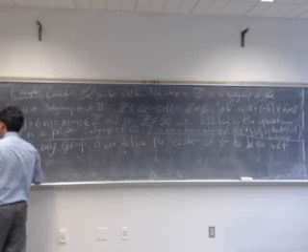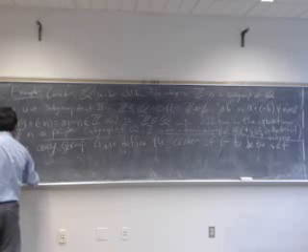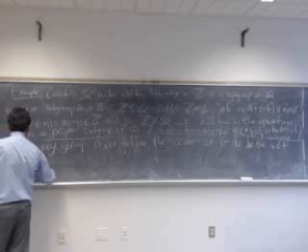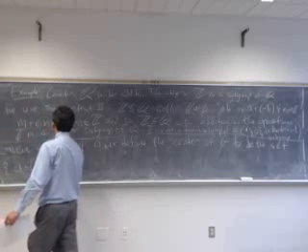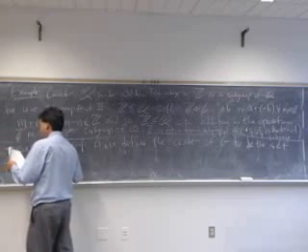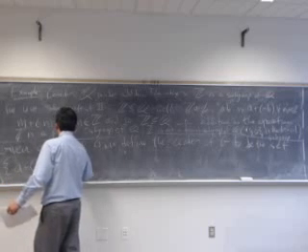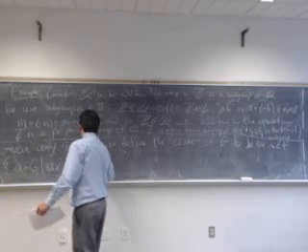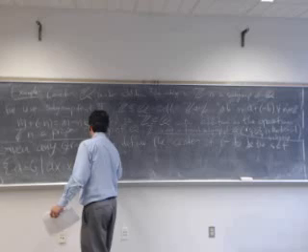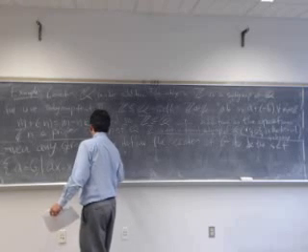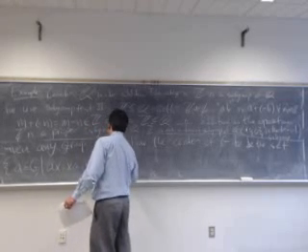So let's look at what the set is. It's all elements A in G such that AX equals XA for every X in G.